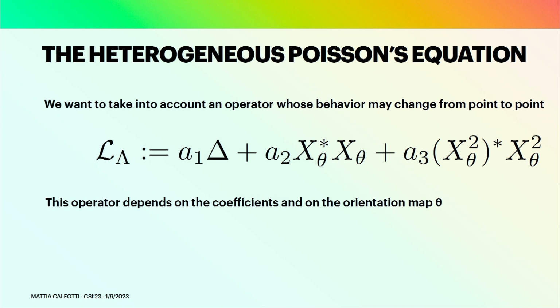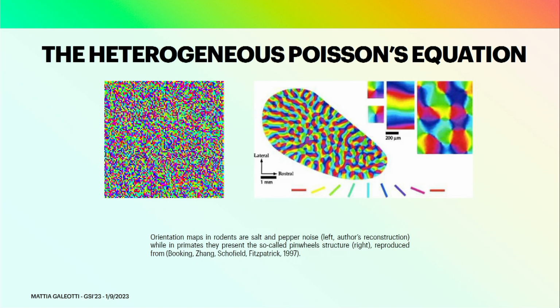The orientation map is pretty well known, but I want to stress this. The orientation map models the distinguished orientation that every cell of the cortex recognizes. In rodents, essentially the distribution of the orientation is a noise function, while in primates, we have the so-called pinwheel structure.